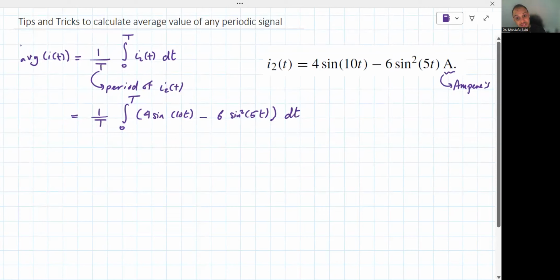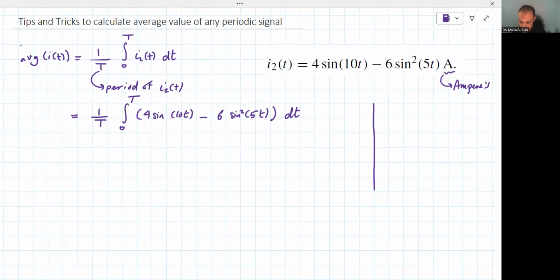Now how to find T? Let's take a side example here. We used to see one function, sine only or cosine only, in all the examples we saw so far in the previous homework, and even the previous ones. Now it's the first time to see a function composed of two functions, sine 10t and sine square 5t, with different angles.